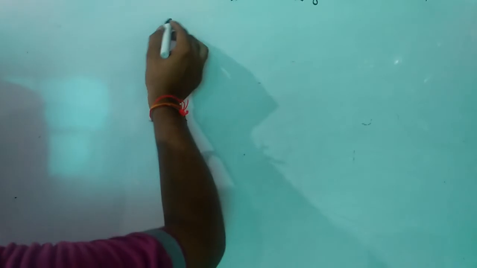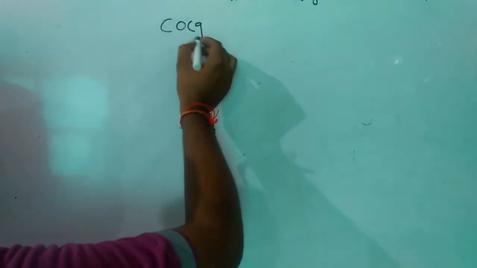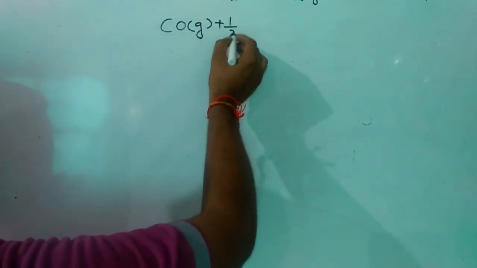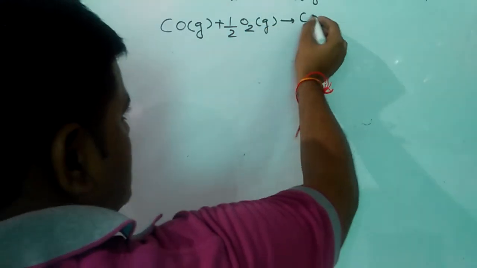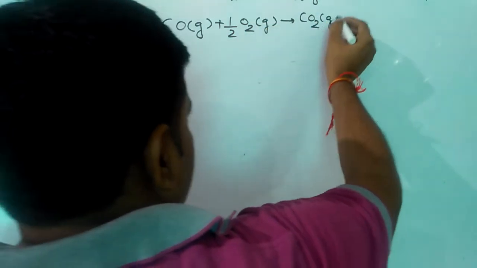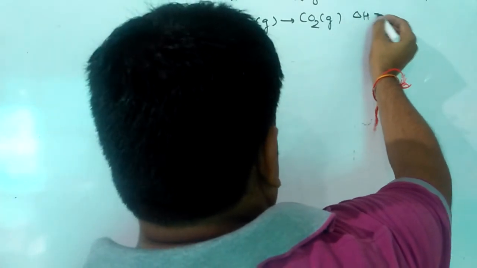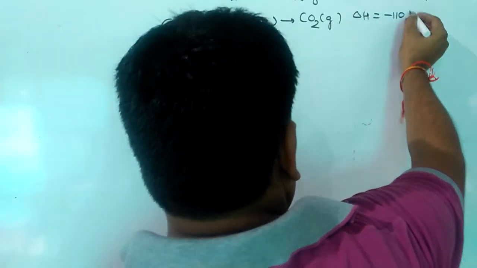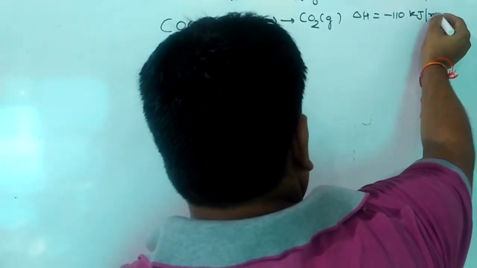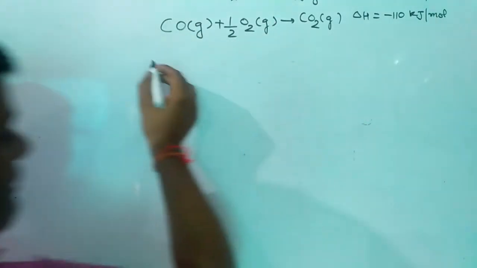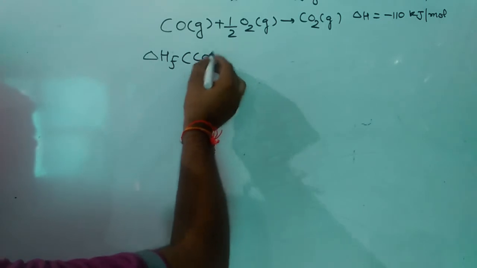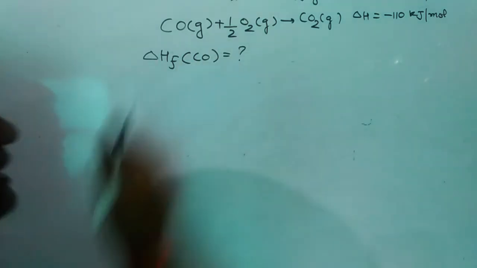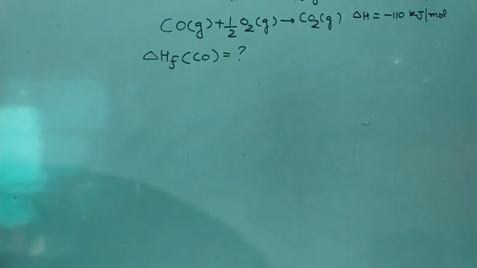Next reaction is carbon monoxide gas plus half of O2 gas gives CO2 gas. Here the enthalpy change is minus 110 kilojoule per mole. We have to calculate the enthalpy of formation of carbon monoxide.